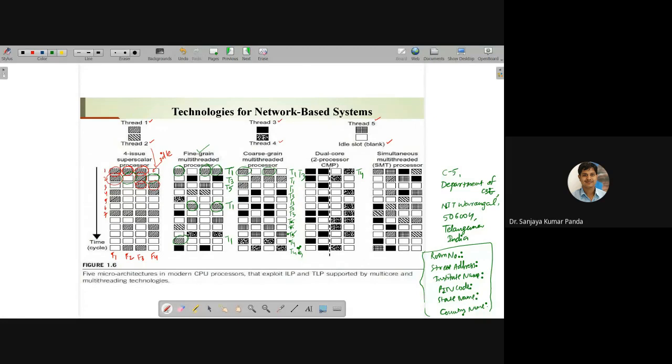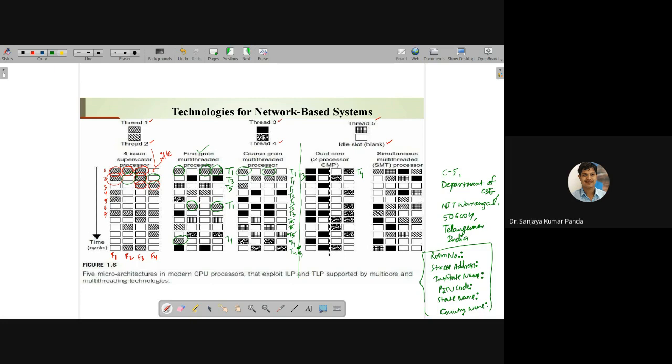So the advantage is that 2 different threads can run simultaneously. Up to coarse grain, there is no architecture which supports that 2 different threads can be executed in each and every cycle.